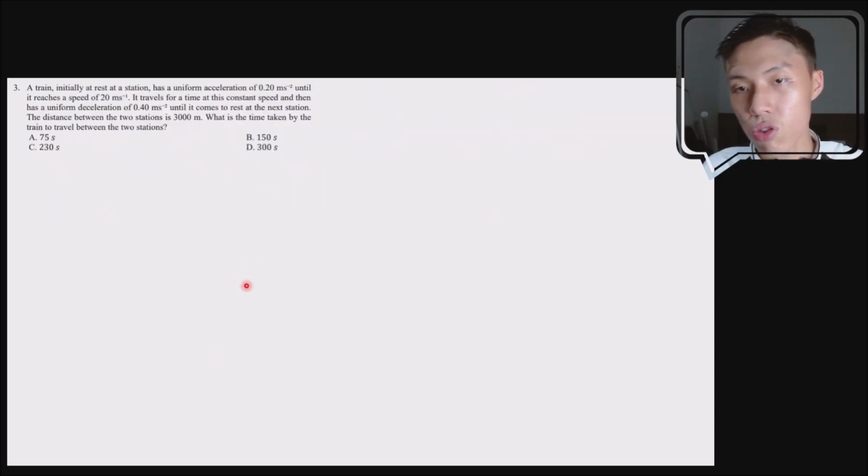So let's try to draw a diagram to keep all the information we have in a single diagram. We can split our journey into 3 portions. Let's put 3 dots over here. In the first portion of the journey, the object starts at rest, so 0 meter per second.